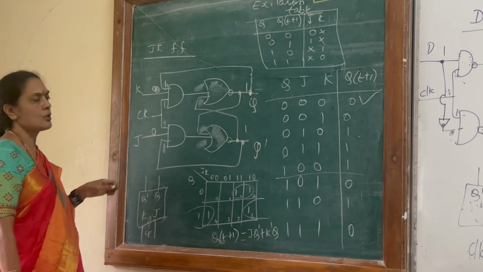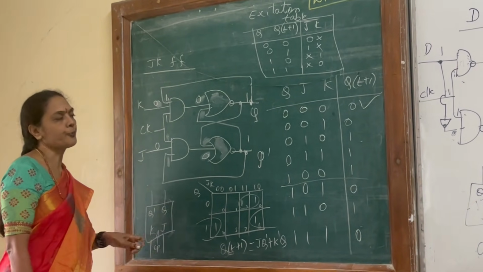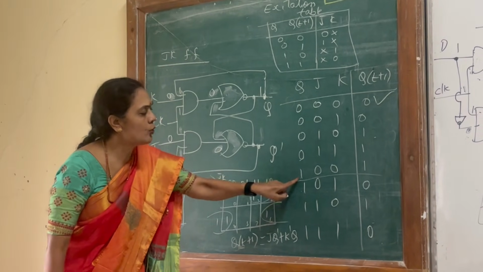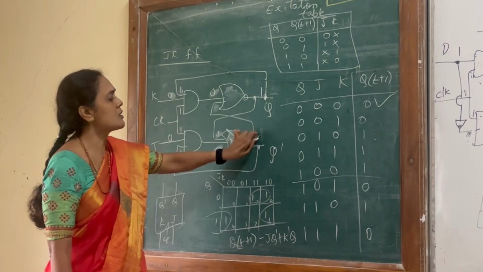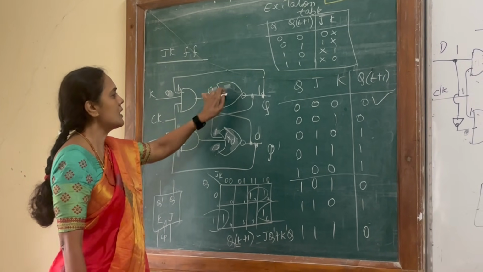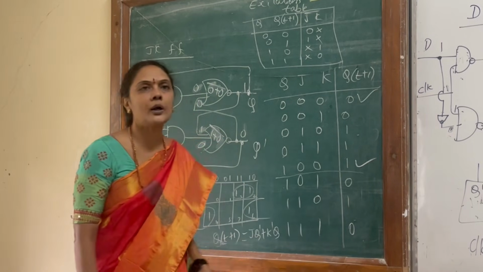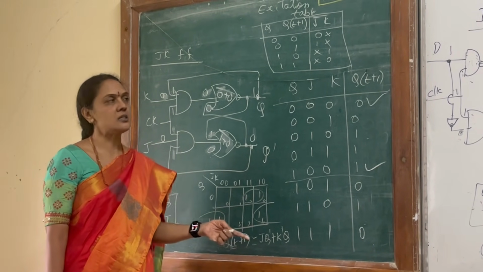Both are zeros. 0 into anything is 0. Now this is 1 because I have given my Q as 1. 1 plus 0 complement is 0. Here the 0 comes. 0 plus 0 complement is 1. Hence we are going to get 1. Like this, in each case we are going to get a different answer.